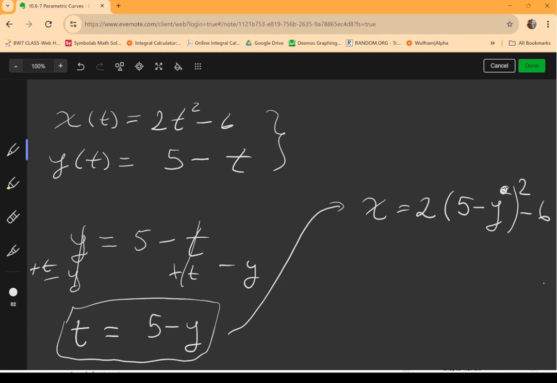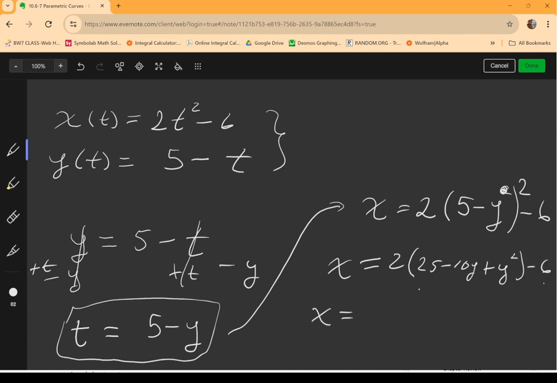Then we can distribute and simplify. We get x equals 2 times 25 minus 10y plus y squared, minus 6.